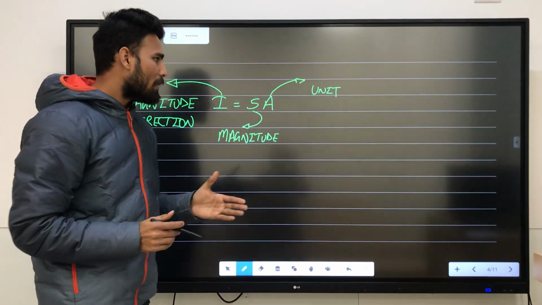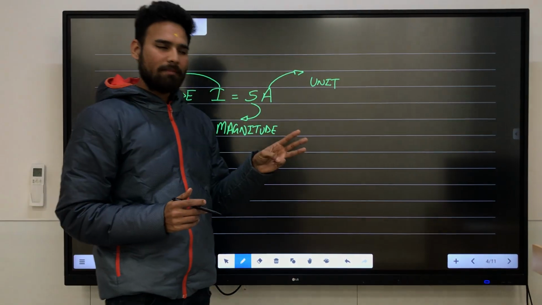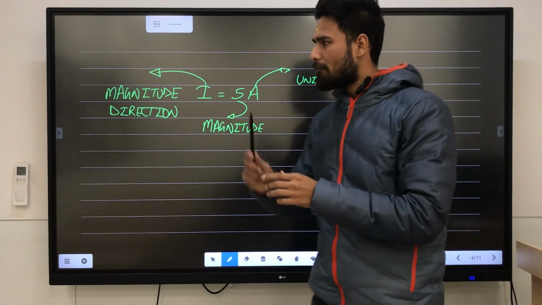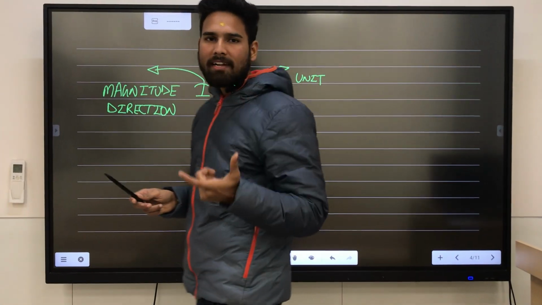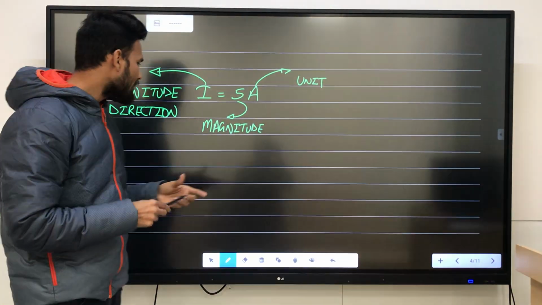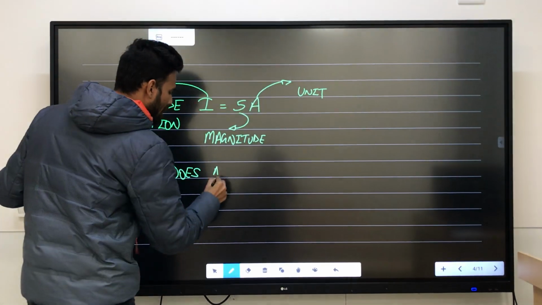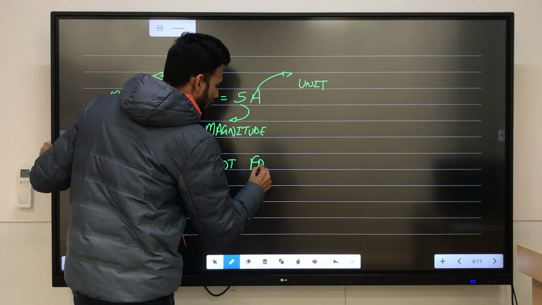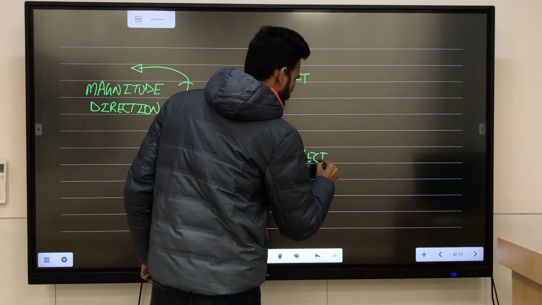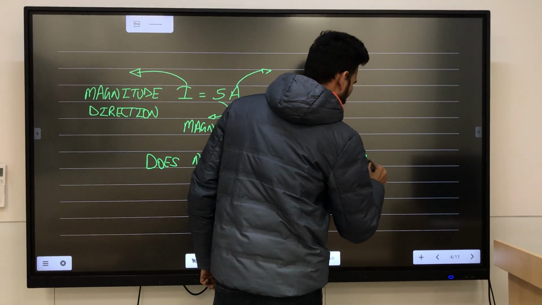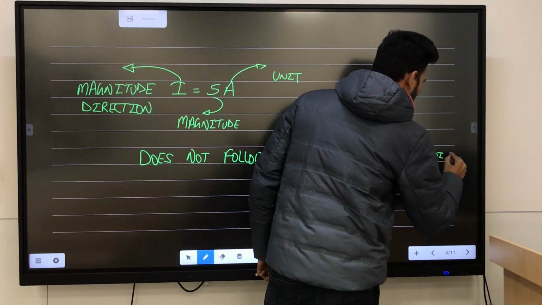Why is it so? Because there are 3 requisite conditions to be a vector quantity. It should have magnitude, it should have direction, and it should follow the vector law of addition. The current does not follow the vector law of addition.